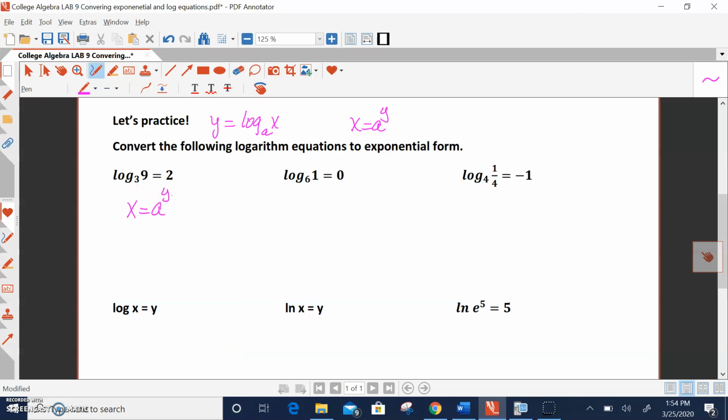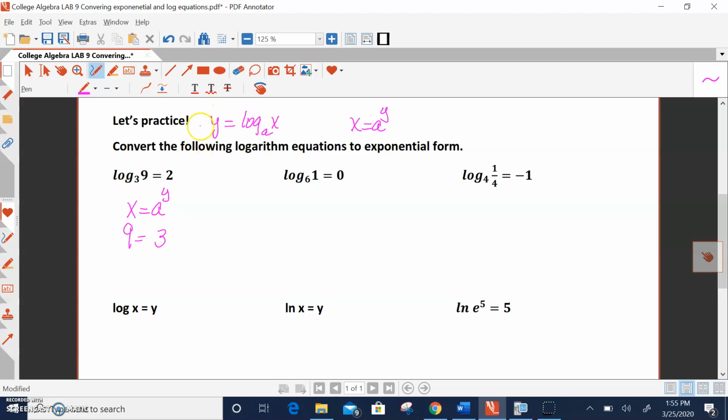So all I really need to do is represent who are my values for x, a, and y. Well, in the logarithm, the x value comes after the word log, and in this case, it's a 9. A is always the base, and this little number down here on your logarithm is your base, so in this case, it would be 3.